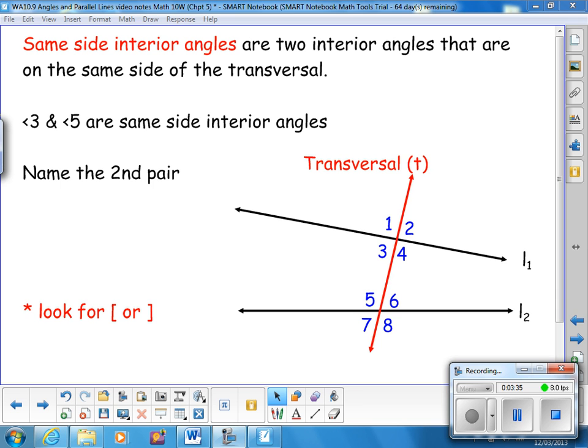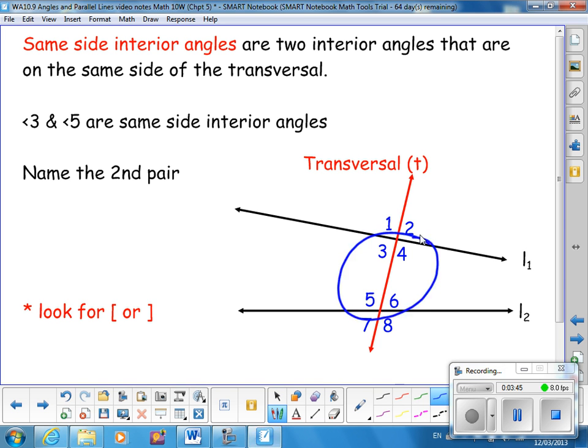Same side interior angles are 2 interior angles that are on the same side of the transversal. Interior angles would be in the middle here, and same side is going to be on the same side of the transversal.